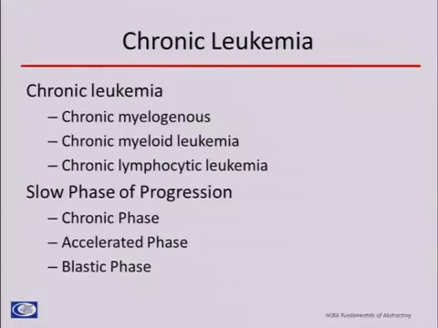It's rare to see a chronic becoming acute. To catch it in that accelerated phase is usually just the luck of the draw. Okay, because somebody is astute enough, aware enough of their body that they see their symptoms changing, and they go to the doctor, and they might find it in an accelerated phase. But most of the time, you see it jump from chronic to acute or blastic.